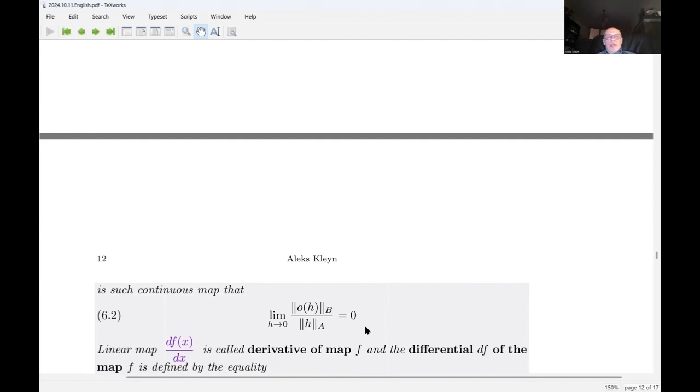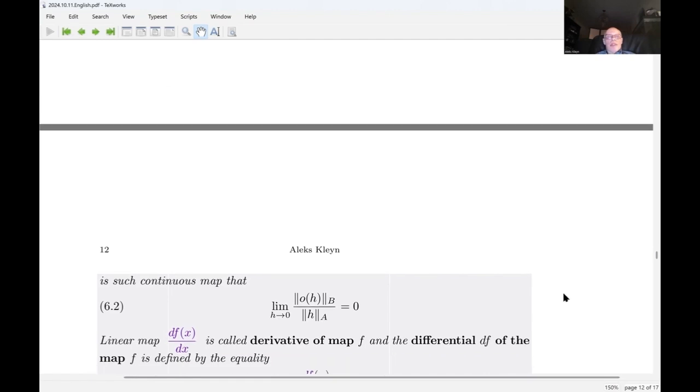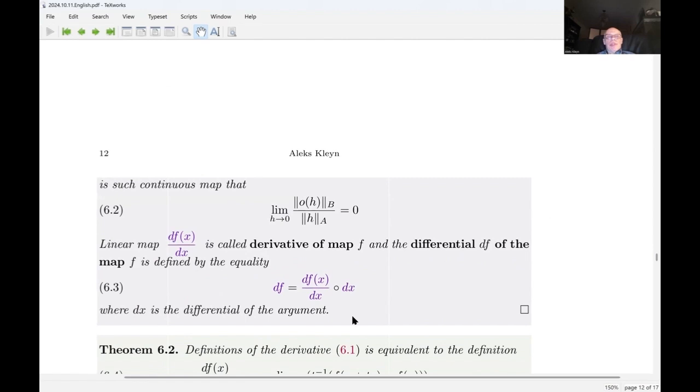The linear map f prime of x is called the derivative of map f, and the differential df of the map f is defined by equality 6.3, where dx is the differential of the argument.